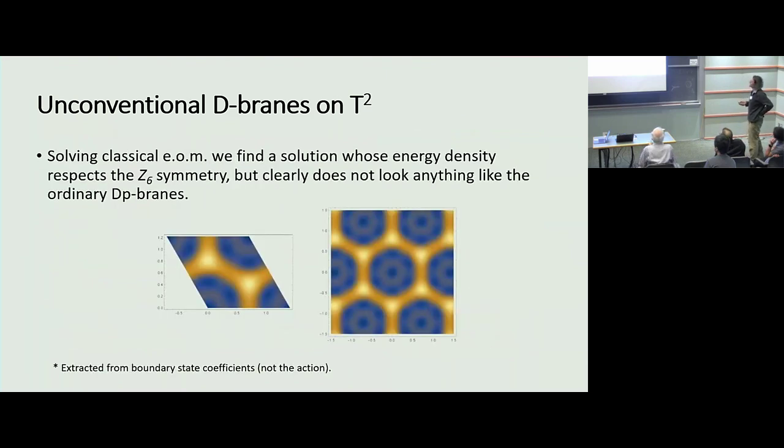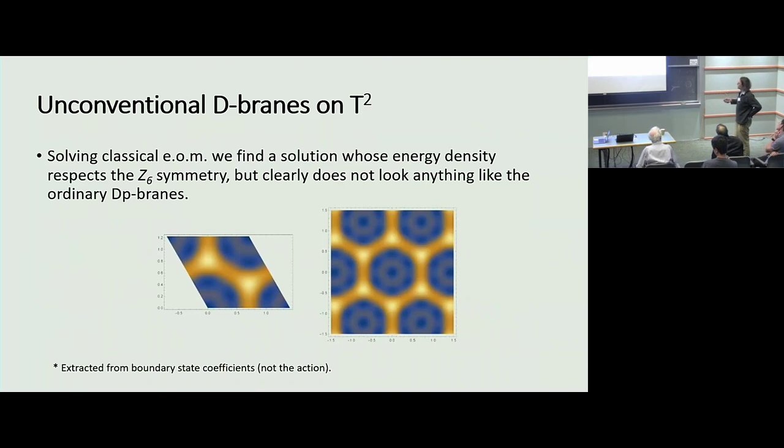And we find this surprising result. This is the torus, and this is the plot of the energy density. I didn't tell you what the energy density is here. We are considering time-independent solutions, so therefore the Witten action is equal to minus the energy. So it is the total energy.